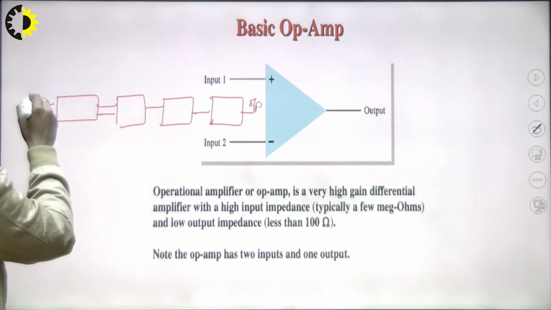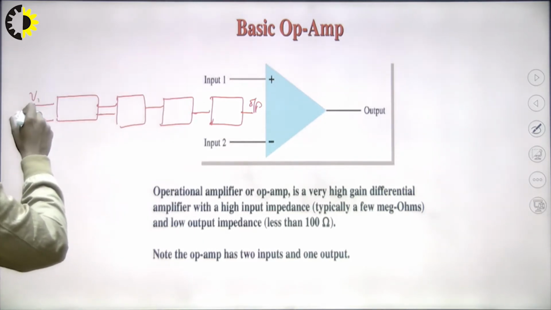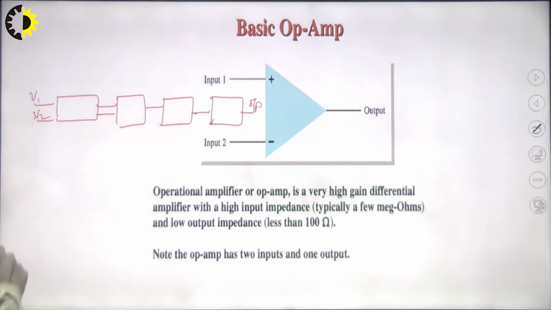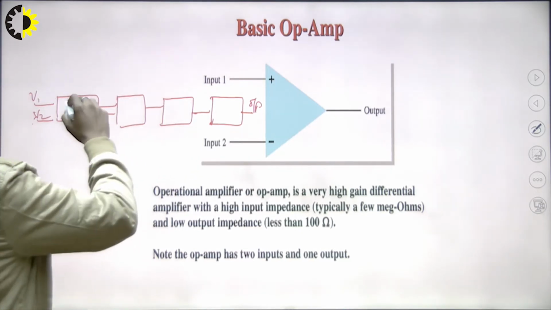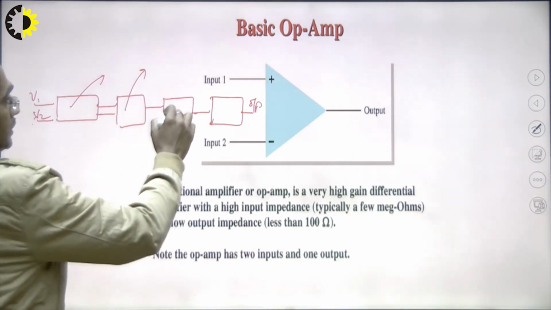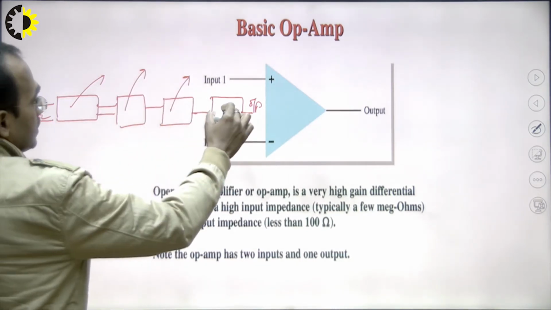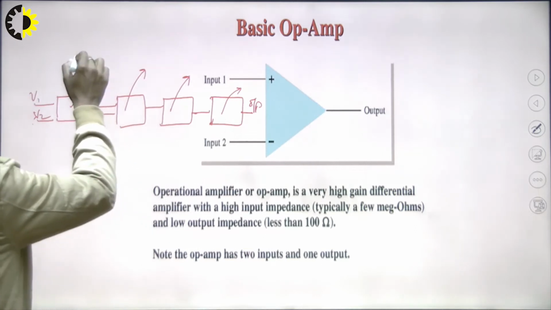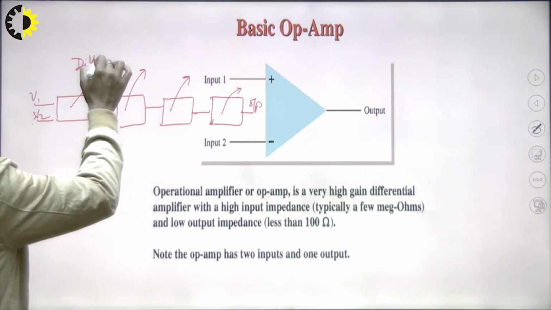Here 2 inputs are used, suppose V1 and V2. This is the differential amplifier, this is the intermediate amplifier, this is the level shifting stage, and this is the output stage.